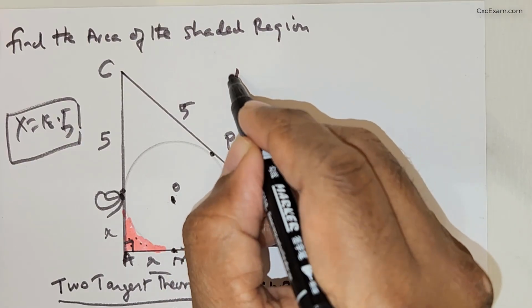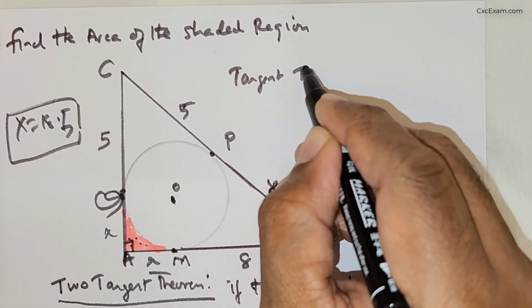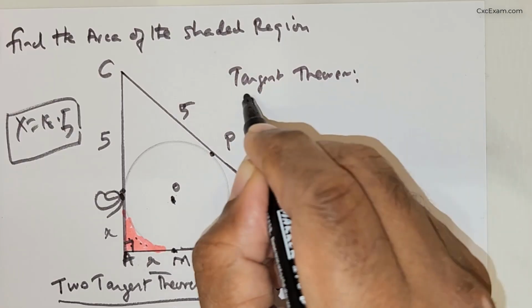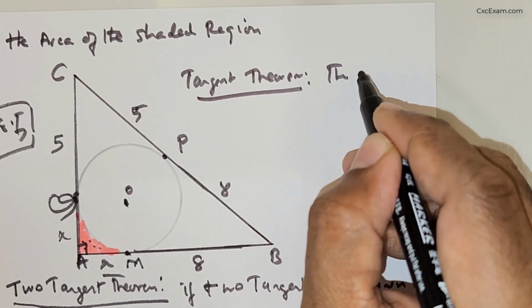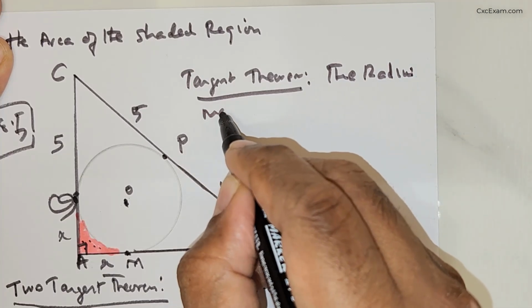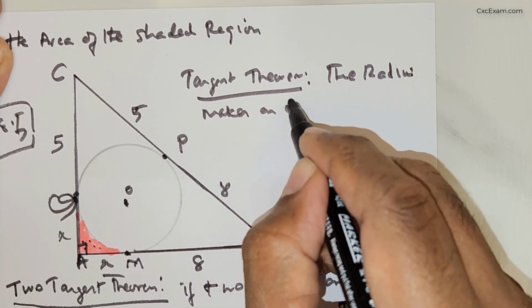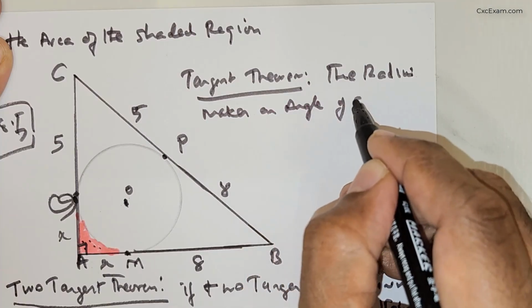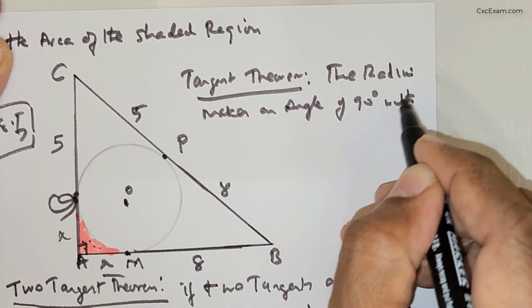Now we are going to use the tangent theorem. What does the tangent theorem state? The radius makes an angle of 90 degrees with the tangent.